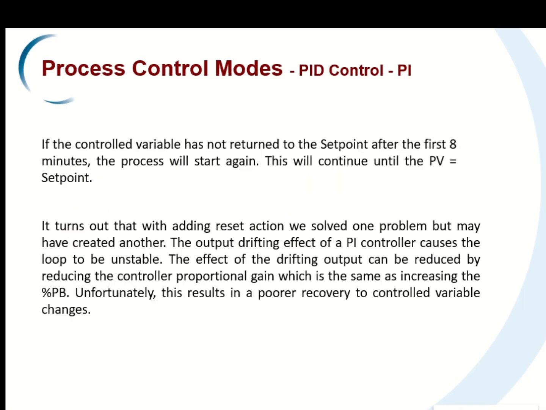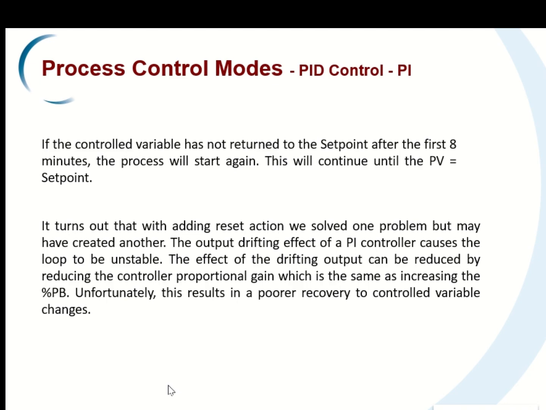And then, if the controlled variable has not returned to the set point after the 8 minutes, the process will start again. This will continue until PV reaches the set point. It turns out that by adding reset action, we solved one problem, but created another. The output drifting affects the PI controller and causes the loop to be unstable.